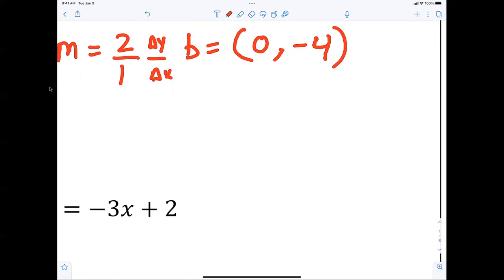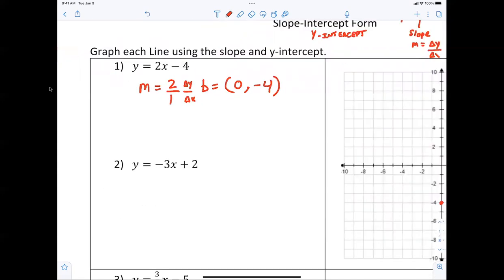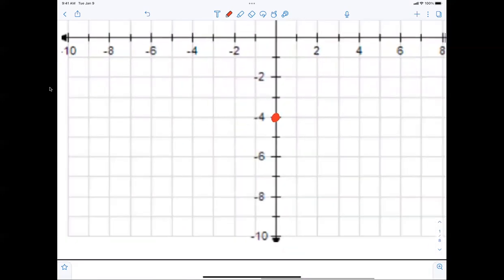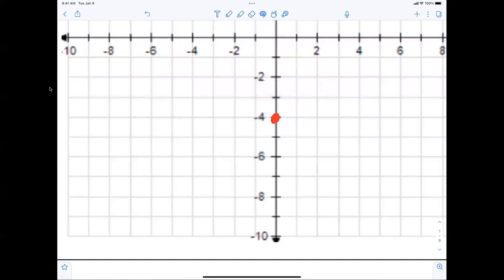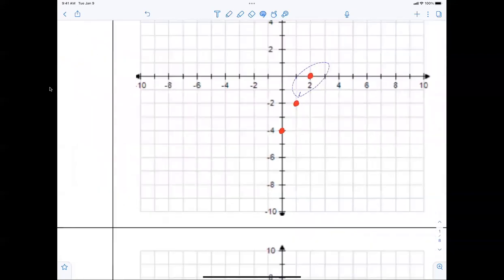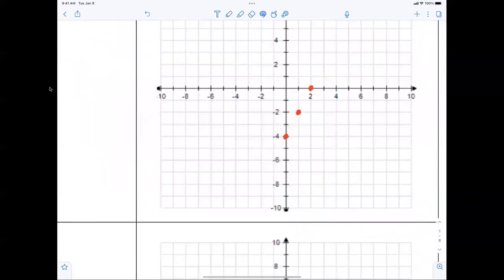So from our y-intercept, you're going to go up 2 over 1. Now, I like to write 3 points, because it's easier to draw the line. So now from those 3 points, you're graphing that line.